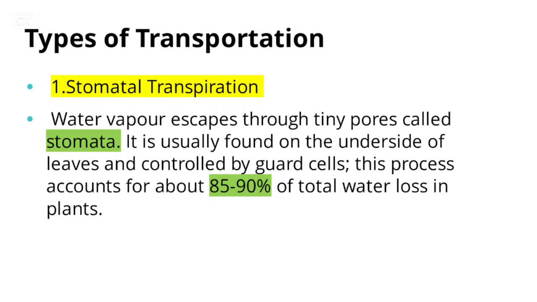The loss of water through the stomata is called stomatal transpiration. The stomata are usually found more on the underside of leaves, and the opening and closing of the stomata is controlled by guard cells. Stomatal transpiration accounts for about 85 to 90% of total water loss in plants.